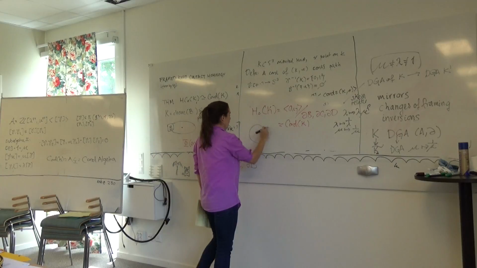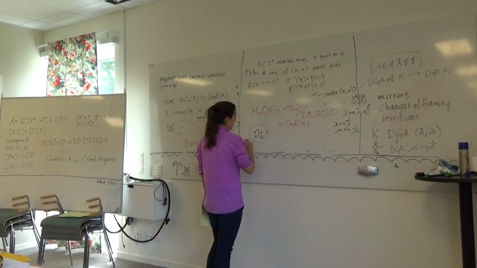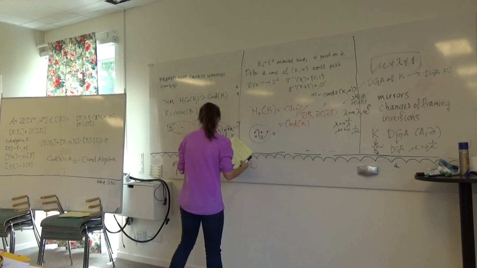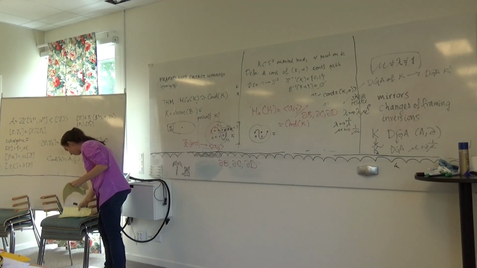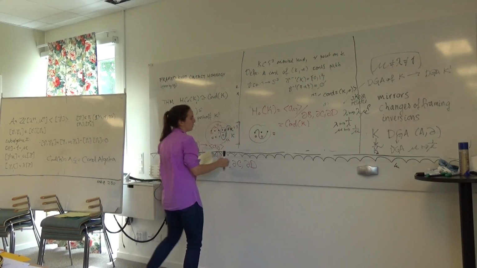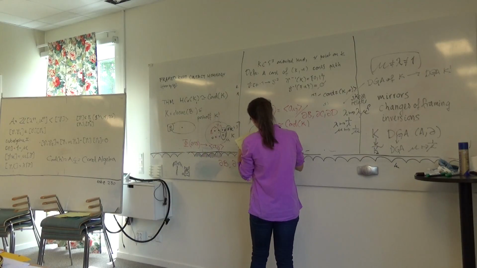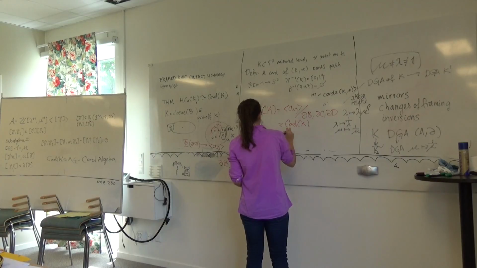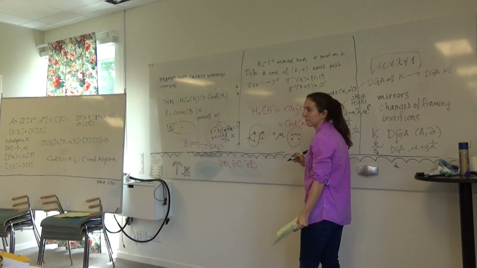So if we were to draw this out, for instance, if I were to have this one, that is just going to be the same as mu times this guy, right?